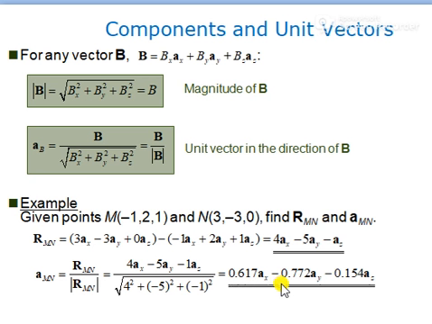So this is about components and unit vectors along with the rectangular coordinate system. One example has been discussed to know about the components, how to find the radius vector and how to find the distance vector. You can also call the radius vector a position vector. So this is all about the rectangular coordinate system and components and unit vectors.